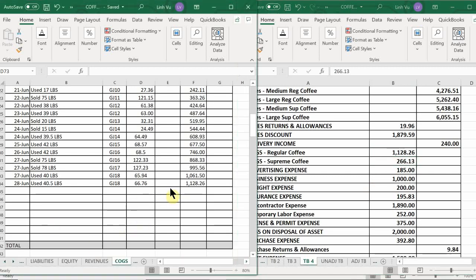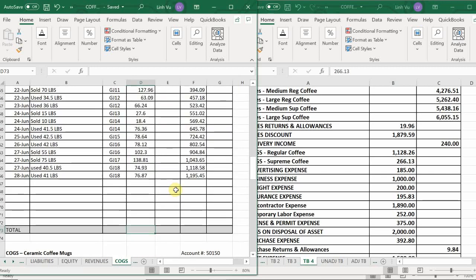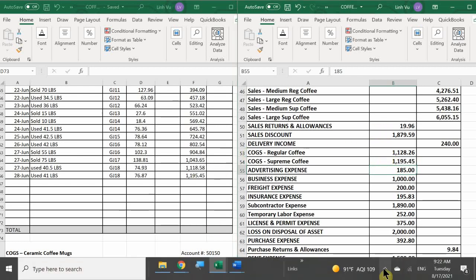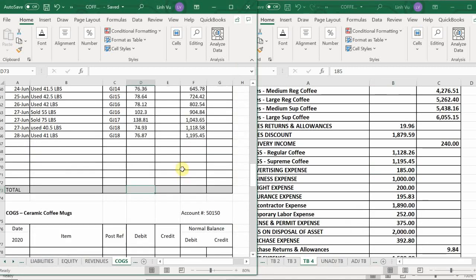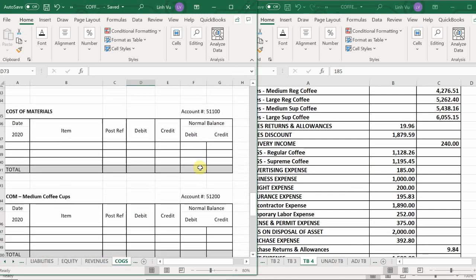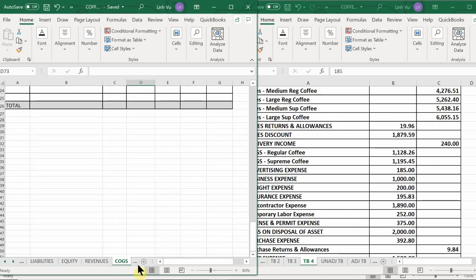Cost of goods sold for Supreme Coffee. 1195.45. Right? No cost of goods for ceramic coffee mugs yet because we haven't converted our inventory, and cost of materials are something we're going to talk about in the adjustments. Okay.